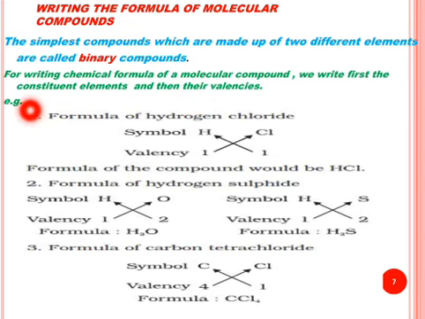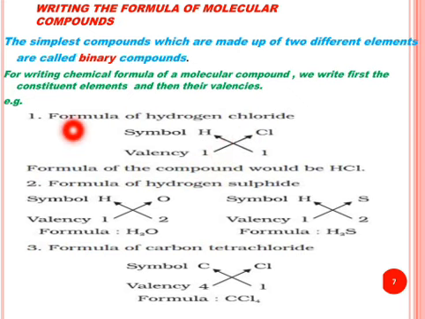Students, remember one thing. While writing the formulae for compounds containing two non-metals, we write the symbols of their constituent elements and their valencies. We do not write their charges because they form compounds by sharing their valencies or valence electrons. And then we cross over the valency of their combining atoms and form the formula.